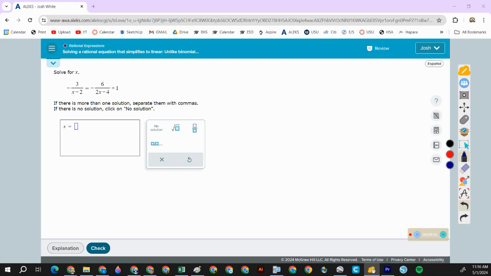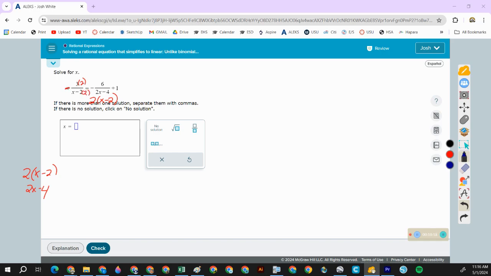Okay. So if I factor this, I get 2 times x minus 2. So my common denominator is 2 times x minus 2, or also known as 2x minus 4. So this first fraction just needs a 2 over 2.